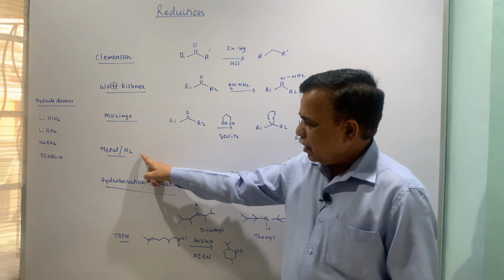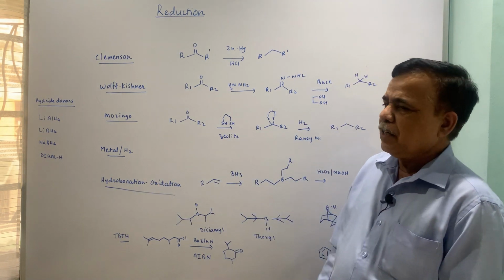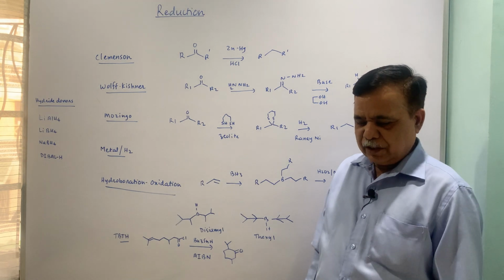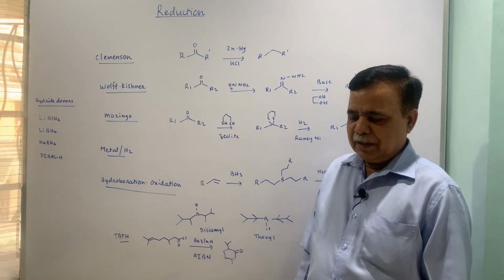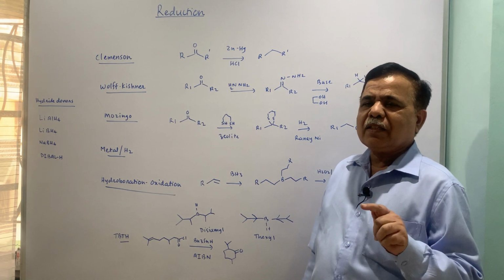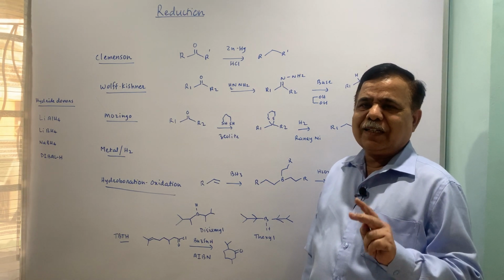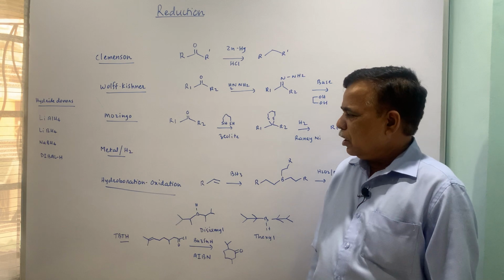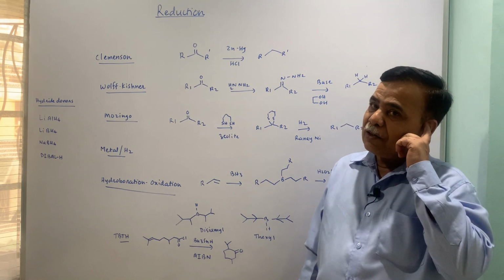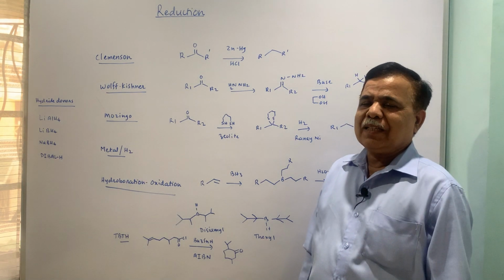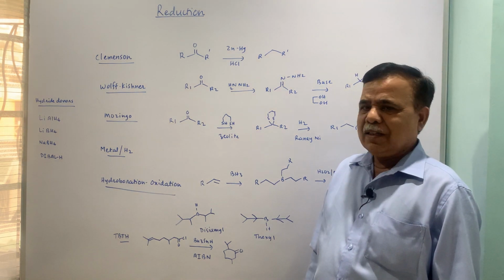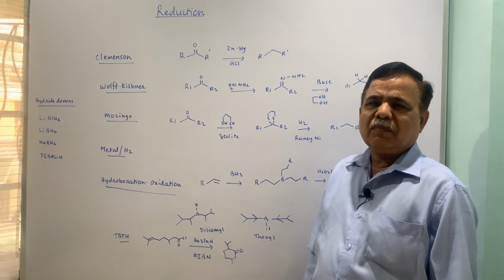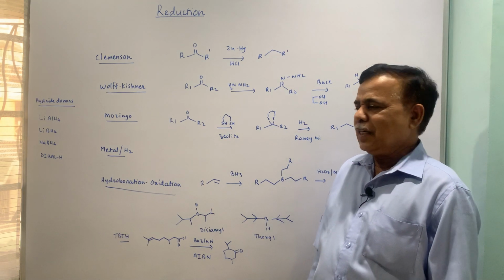Then metal hydrogenation. Now in metal hydrogenation, there are quite a few reactions. I'll just classify them broadly into two types. One is homogeneous catalysis, second is heterogeneous catalysis. In homogeneous, rhodium and ruthenium catalysts are generally used, and in heterogeneous, nickel, platinum, palladium, all those catalysts are used.